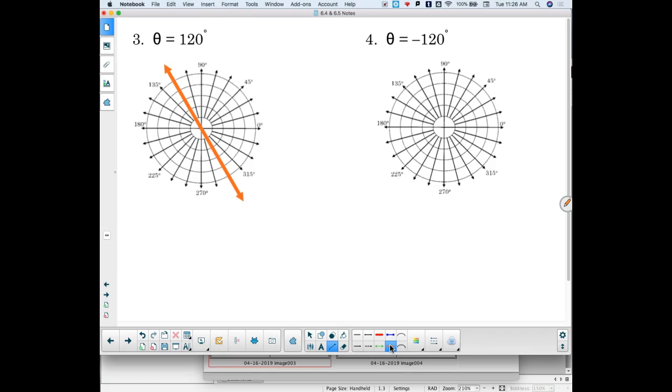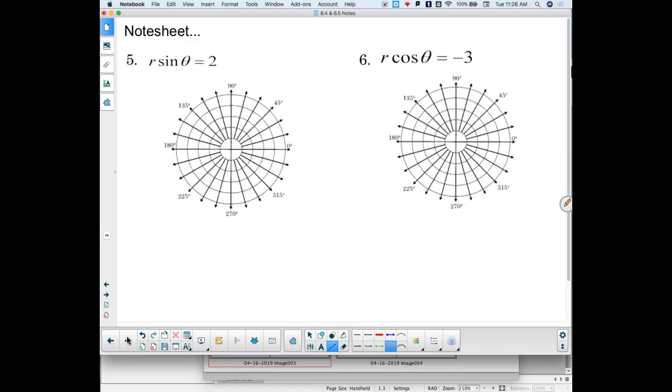So what is another way to say negative 120 degrees? 240? So it's that one. Okay? All right? Love it. Those are the easy ones.